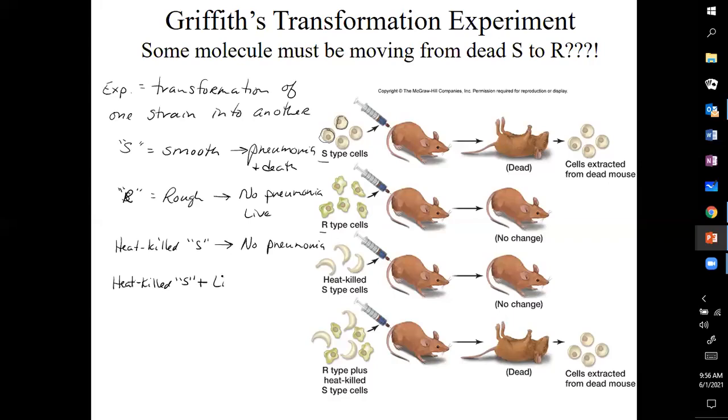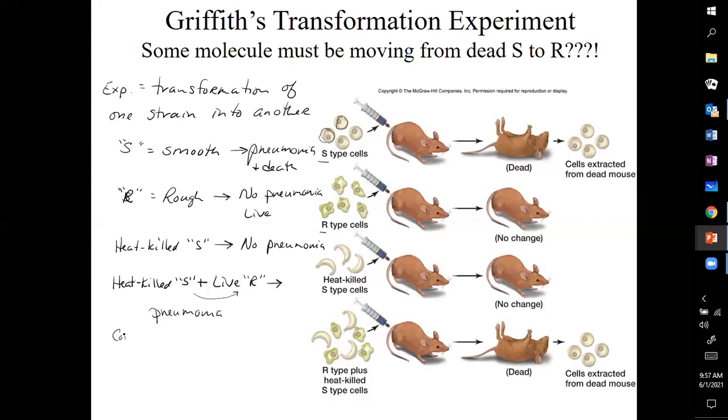But if you took a living R strain and a heat-killed S, something transferred from S to R to transform those R bacteria into S type. It caused pneumonia in the mice, and the mice died. The mice died, and what were the living R have been transformed into the S.